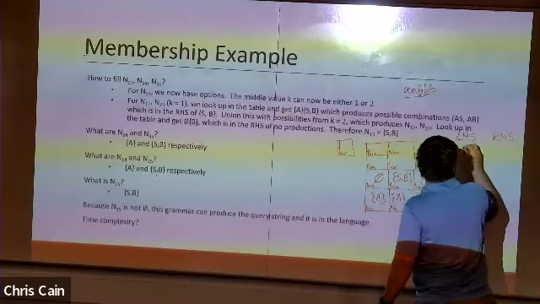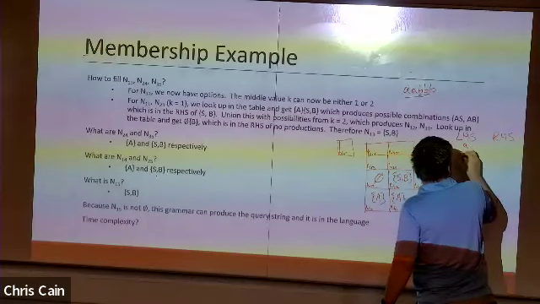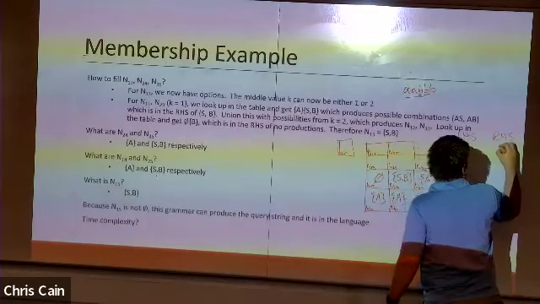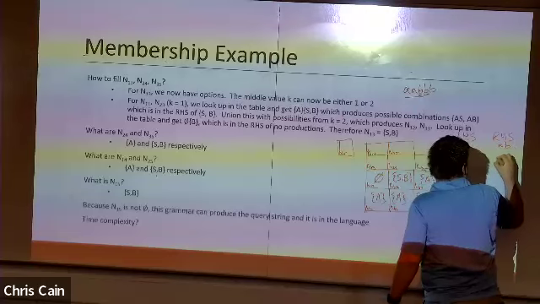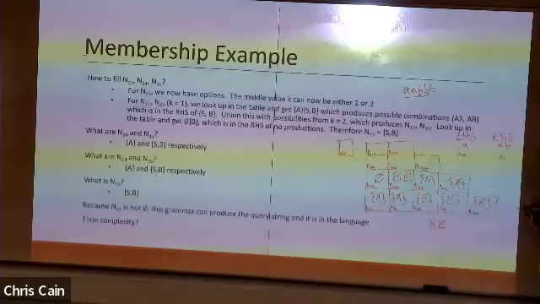The left-hand side can either be A or AA, and the right-hand side can either be AB or B. And this produces AAB in some particular midpoint. Here, the midpoint is between the A's, and here the midpoint is between the last A and the B. So we're going to consider all of the ways that this midpoint could produce the associated stuff.